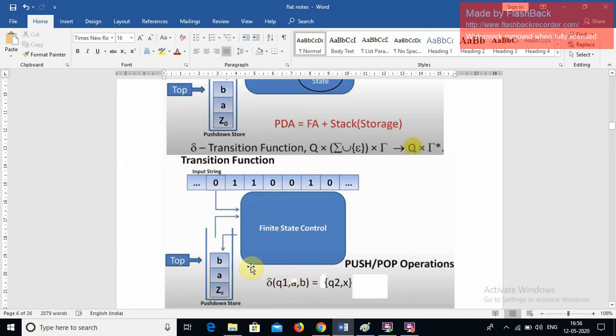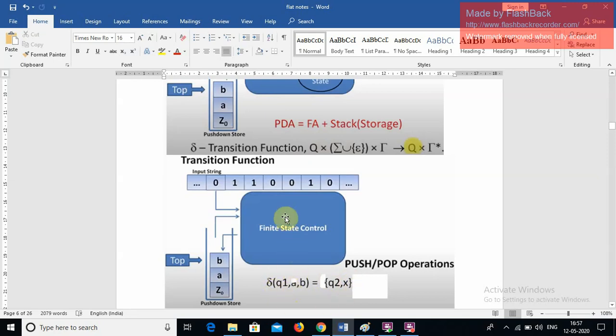So if you observe, in the finite state control we have the current state q1, the input symbol 0, and the top of the stack is b. All of these are given to the current state. When the transition function executes, the finite state control goes from the current state q1 to q2, and the new variable that is inserted into the stack is x. Okay, that is the meaning of this transition function.